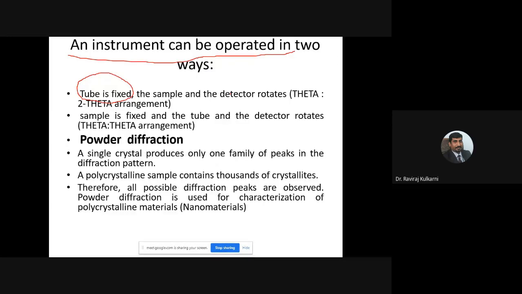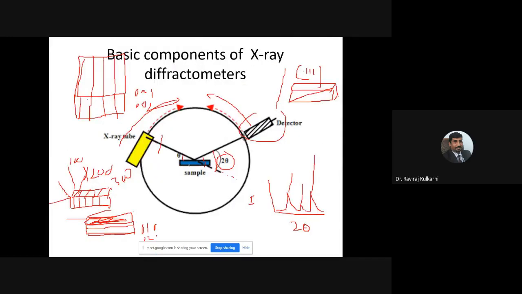Sometimes the sample is fixed and you change the X-ray tube and the detector. You have seen this. You can either keep this constant and move these two, or keep this constant and move the sample and the detector, so that you can make the two theta angles and measure the intensities.